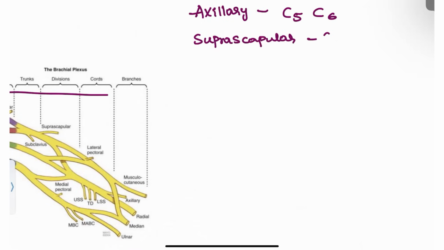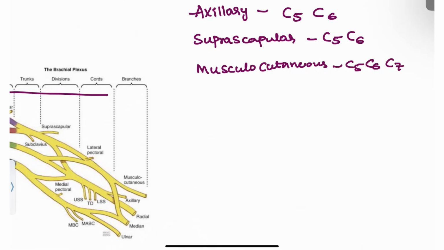This also belongs to C5 and C6. Next one, your musculocutaneous nerve, which is supplied by C5, C6 and also C7. Along with that, long thoracic nerve. This is also supplied by C5, C6 and C7.